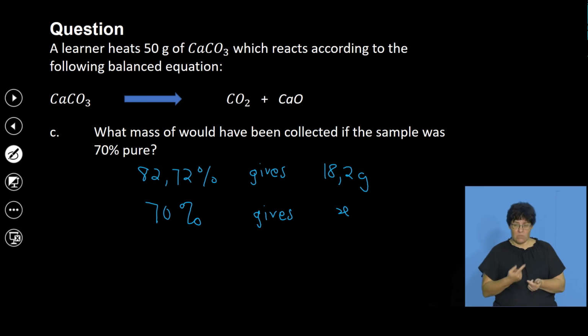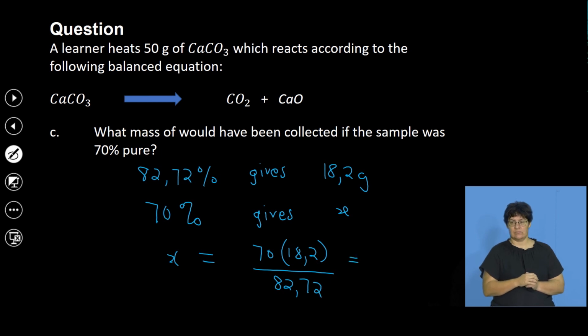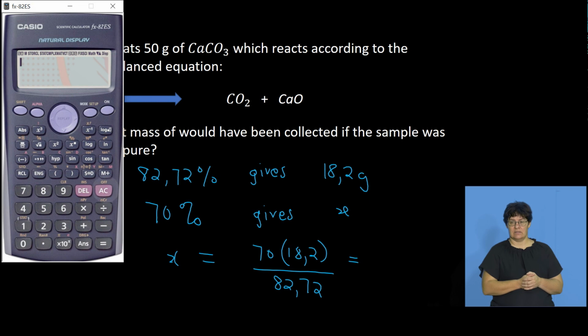The mass X in this case is equal to, we can cross multiply, which gives us 70 multiplied by 18.2, divided by 82.73. So if we go to our calculator, just to verify that, we'll have 70 multiplied by 18.2, divided by 82.73.